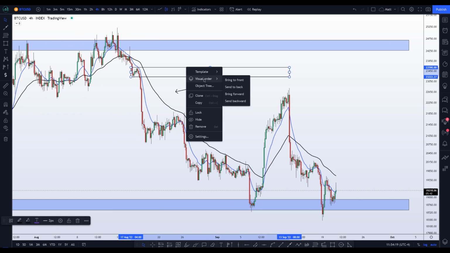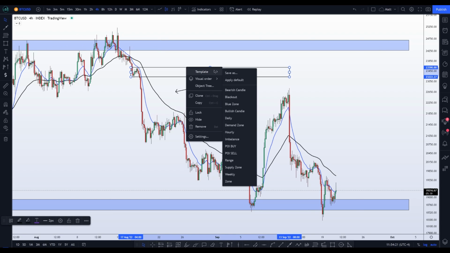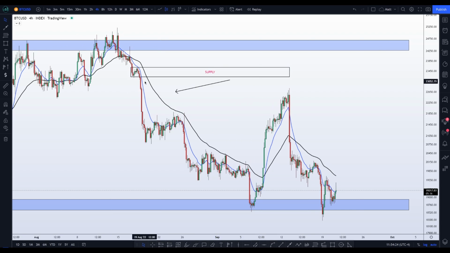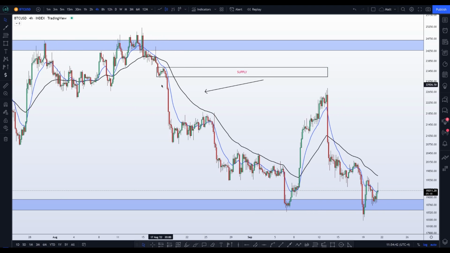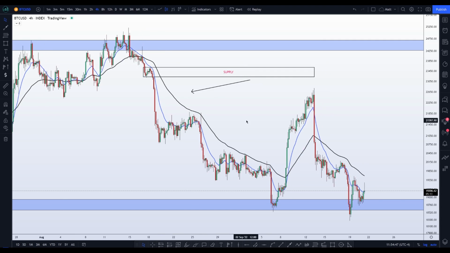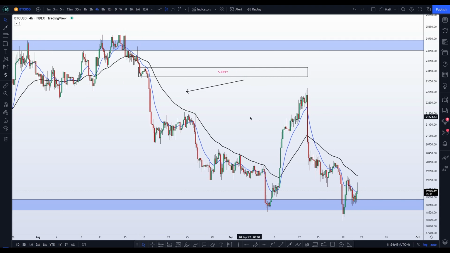You'll have an area where institutions are gradually placing their orders, a period of consolidation followed by a massive spike into the upside or followed by a massive drop, as they control the markets. And so they usually lead the price action towards leaving these large bullish or bearish candles.